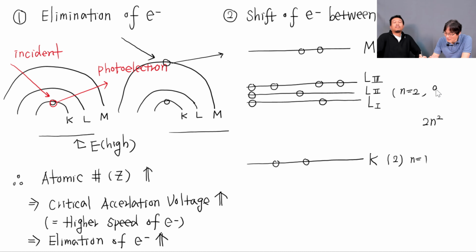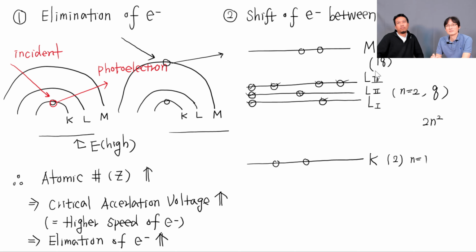You memorized this number in high school. 2 for L1, another 2 for L2, and then the next subshell has 4. And M, how many? 18. Right, so 18 right here.